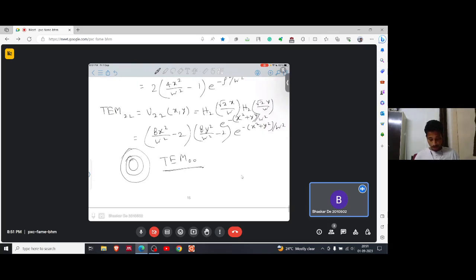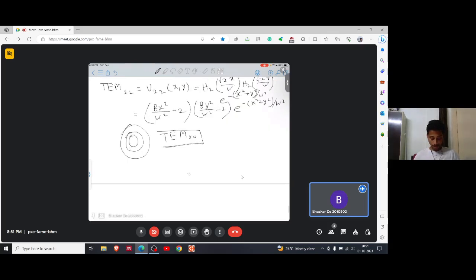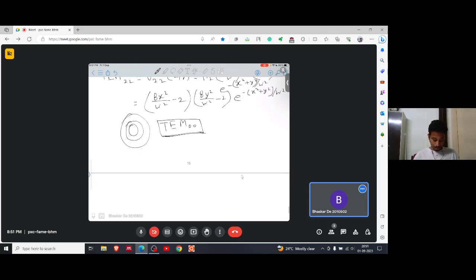A laser also has this kind of mode. It is very possible to obtain these different kinds of modes, but mostly people use this TEM00. That's why it has a beautiful Gaussian shape.